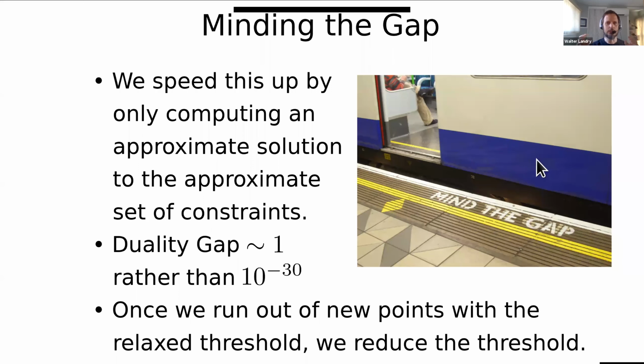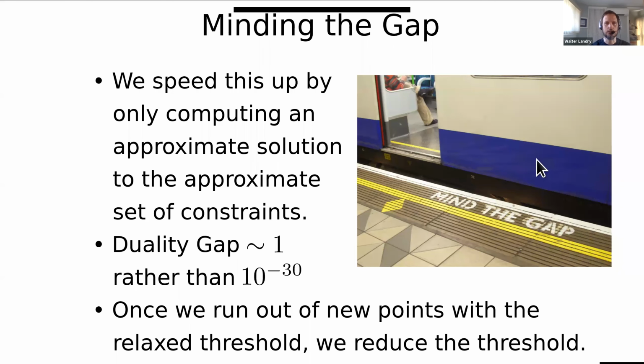Essentially it has to be feasible at the beginning. That's it. Instead of super precise and super close, right? So you compute this approximate solution to the approximate problem and look for negativity. And you do that until you run out of points. And then you reduce the threshold. And then you look for more points, and then you reduce the threshold again. And you keep doing that until the duality gap is as small as you want.